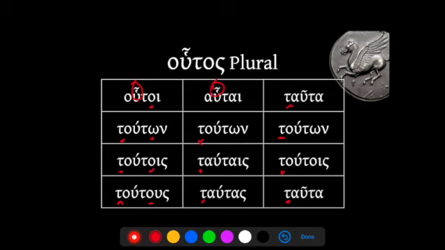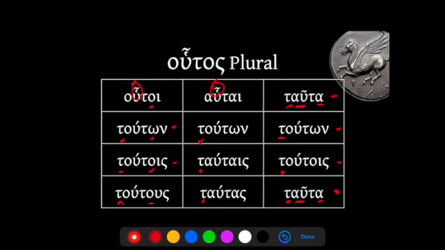But in the neuter, note here our neuter plural, we have an A vowel. So the stem shifts to alpha upsilon, both here in the nominative and the accusative plural. So the neuter form, the stem shifts. So we had the omicron upsilon in the singular throughout. But here we have the alpha upsilon in the nominative plural and the accusative plural. And again, our neuter noun rules, this nominative and accusative are going to be identical. And then the genitive and dative are going to be identical to the masculine.